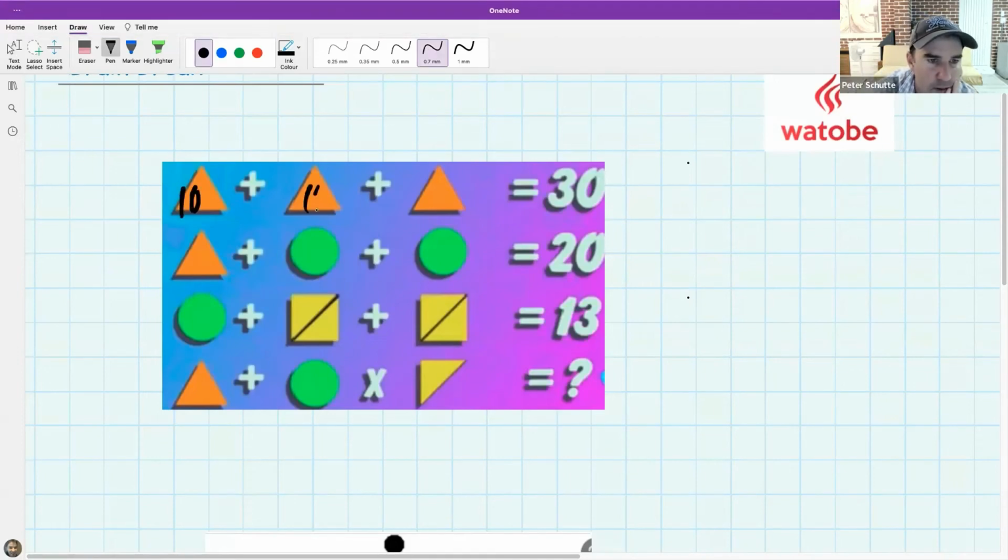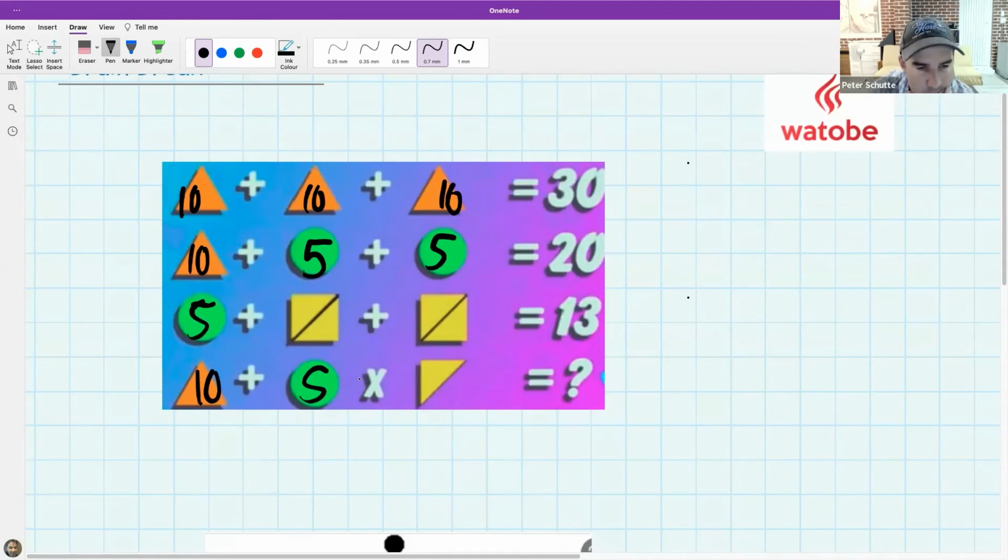Okay, so I see lots of people say orange is 10, which I completely agree with. Now, what else do we need to do? So that is 5. I agree.